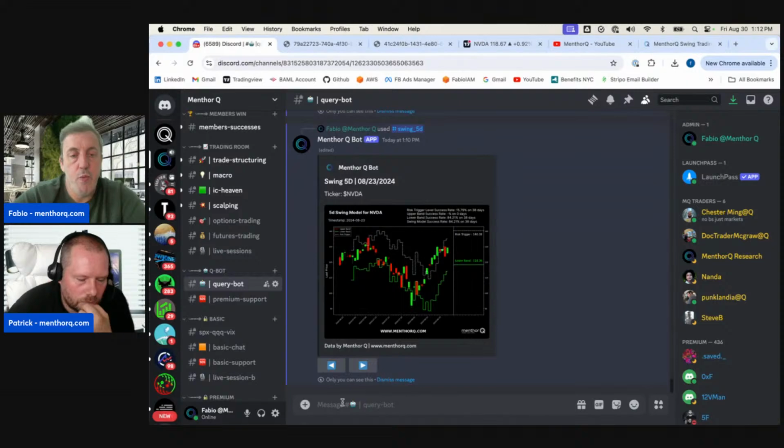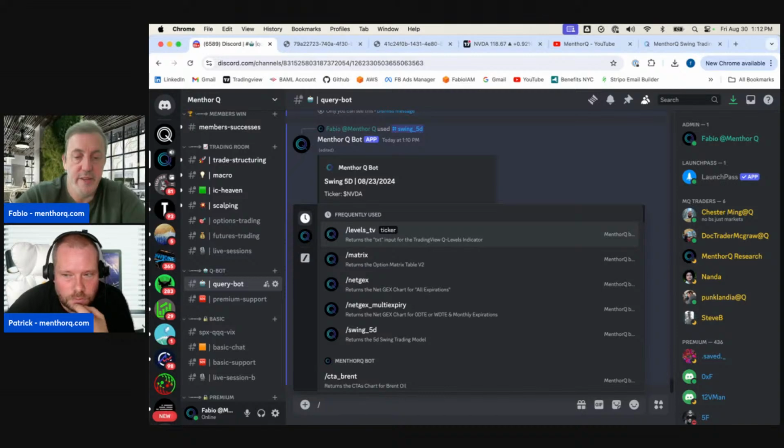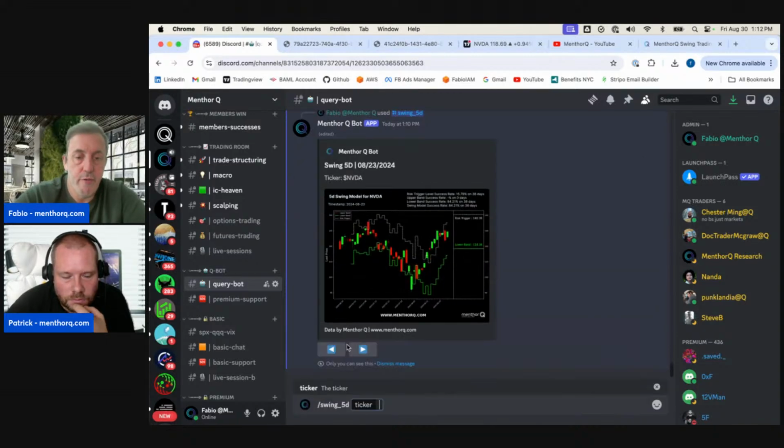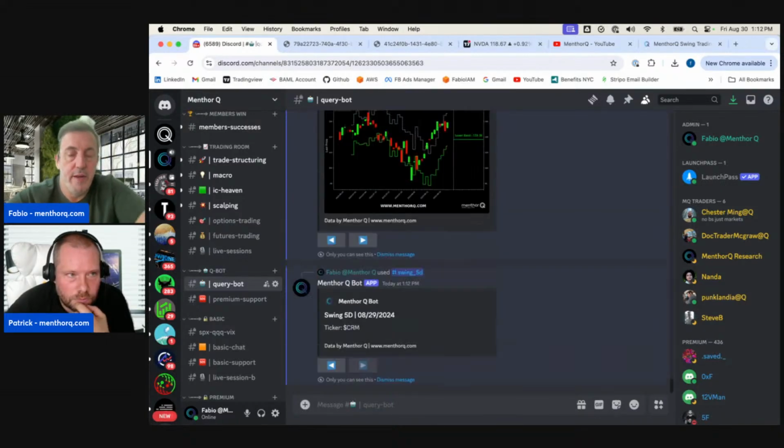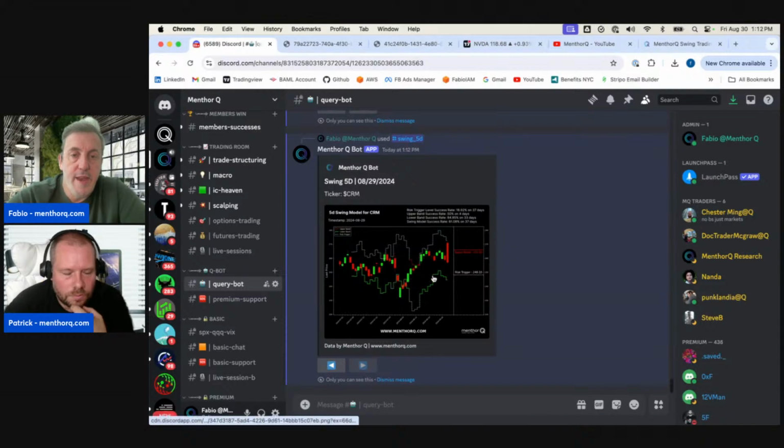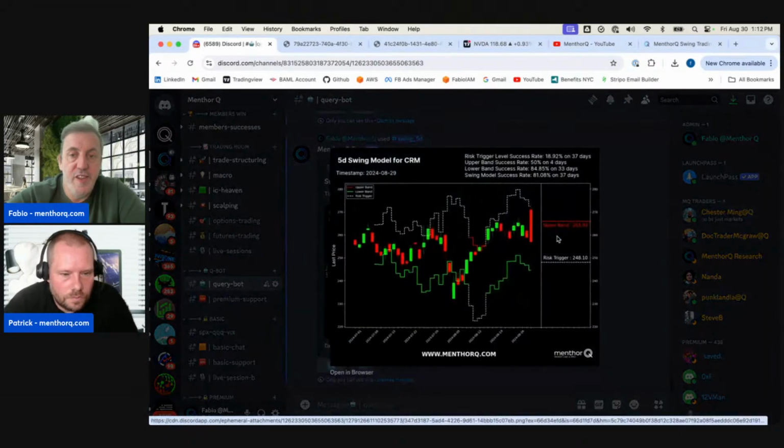Yeah, the other thing that we want to monitor is the change in the levels. So from bullish to bearish bias, and we're going to build a screener that will give you access to this change. But a good example is Salesforce. So if we see CRM, the ticker, right now basically we see an upper band.